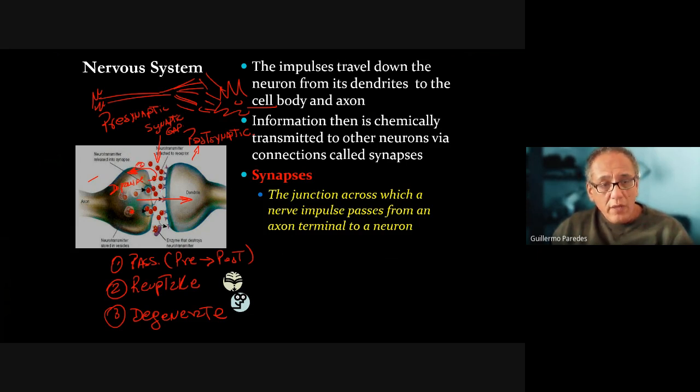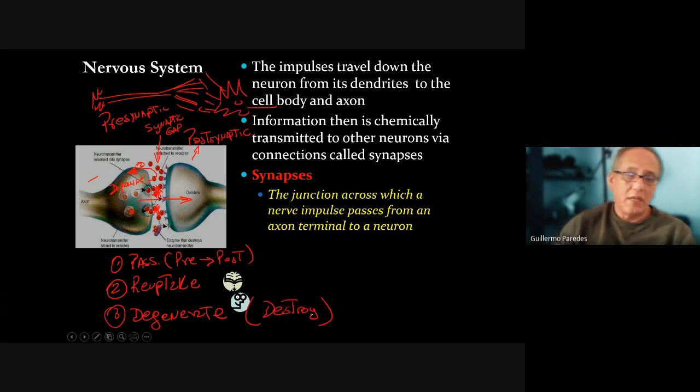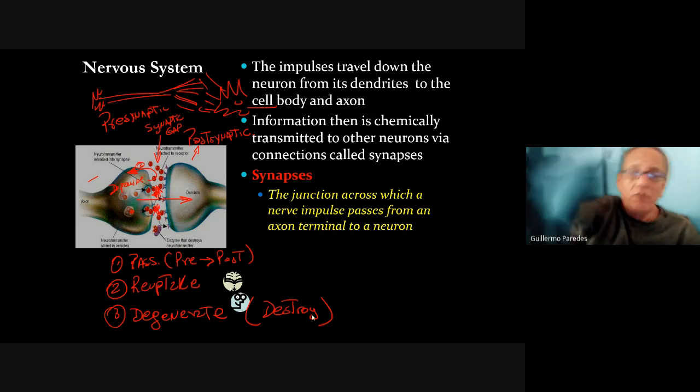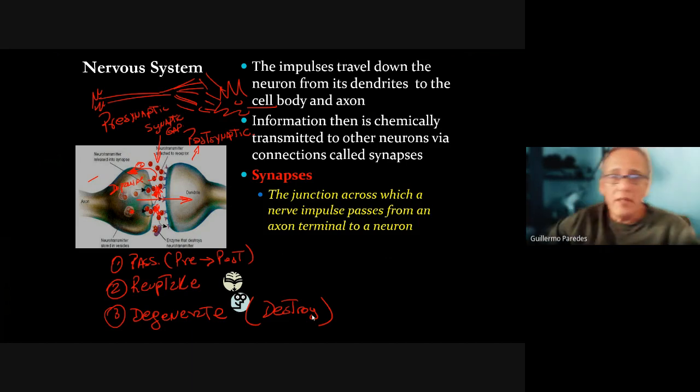And others are going to be destroyed in the synaptic gap. So destroy or degenerate. So there are three things that are happening. One, they pass directly; the other one is going to return, and the other one is going to be destroyed in the synaptic gap. You okay with that? You follow me?